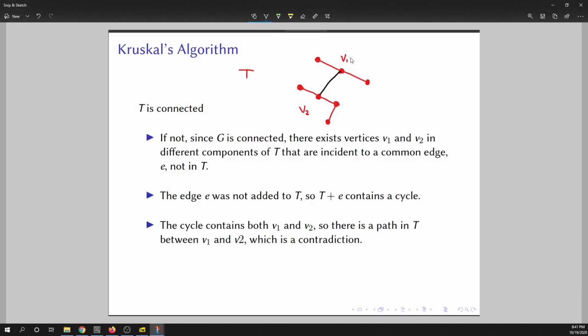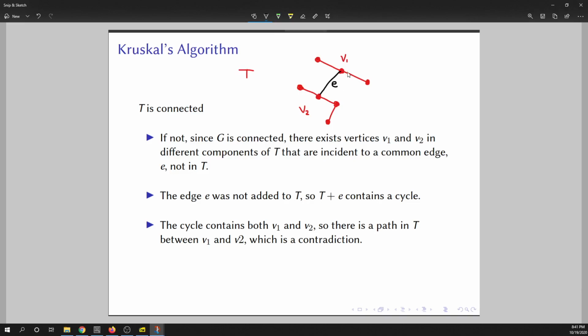And so what you end up with is this situation right here, that I have 2 components. V1 is in one component, V2 is in another component, and there is an edge in G that goes between those 2 that's not in T, okay? All right, and that's the edge that we're calling E.